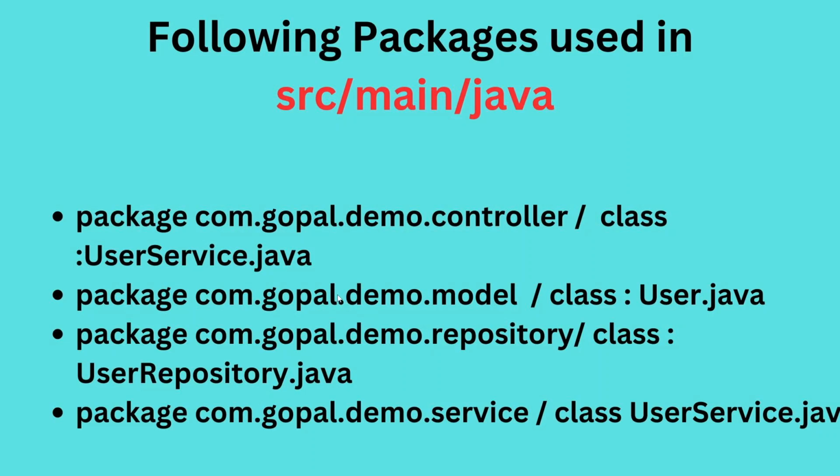In package demo.model, I will use the class file User.java. In demo.repository, I will use the class file UserRepository. And in demo.service, I will use UserService. These are 4 classes and 4 packages. I will make all packages in my main package com.gopal.